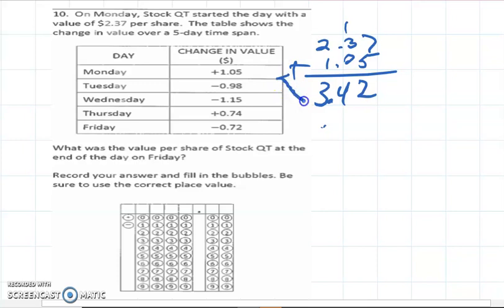Well, now it went down because it's a negative. You've got to remember positive and negative numbers: same sign add, different sign subtract. So it's 3.42, and now it went down 98 cents, so you're going to have to subtract 98 cents. You're going to go step by step, day by day, until you get to the final answer. And that's what you're going to put in here.